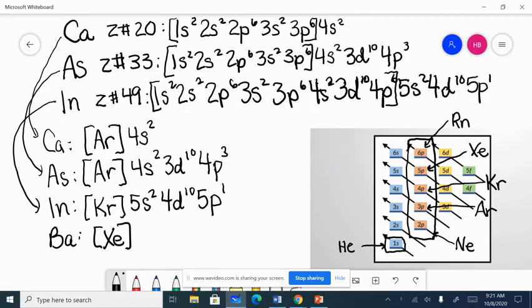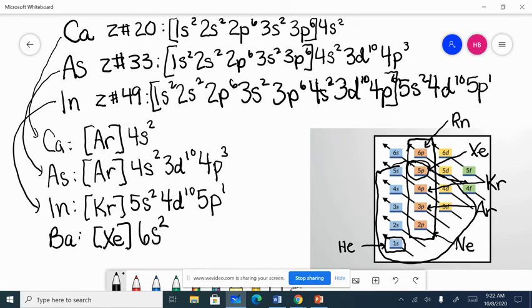After xenon, we can go to our Aufbau diagram if we want. All of these electrons are inside the brackets. And next, after 5p, I go to 6s2.